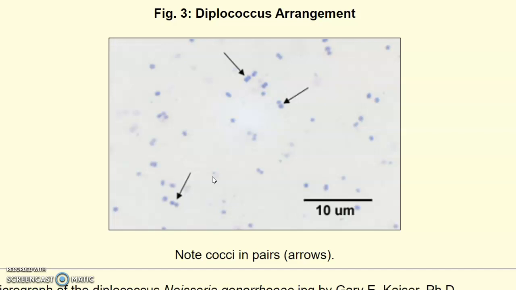So these different shapes and arrangements that we see can help us in diagnosing different infections. So we have the singular, the coccus, the one singular cell, and then we have the diplococcus where they are still stuck together.